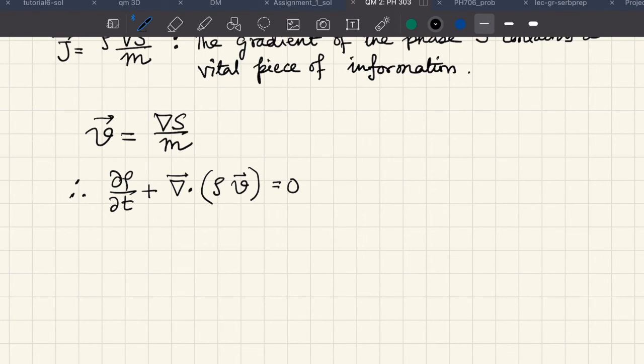Just as what happens in the fluid dynamics case, because this is what we have seen: del rho del T plus divergence of J. We know what our J is, so this is nothing but del rho del T plus divergence of rho V, whatever V we have seen here, which is gradient of S by M.